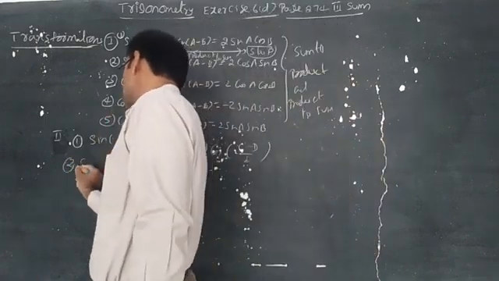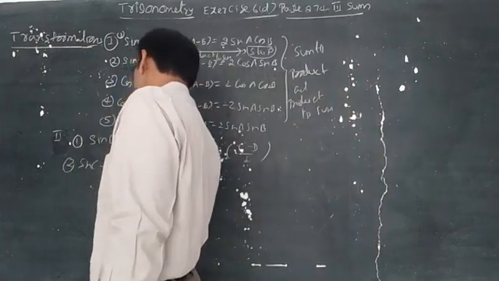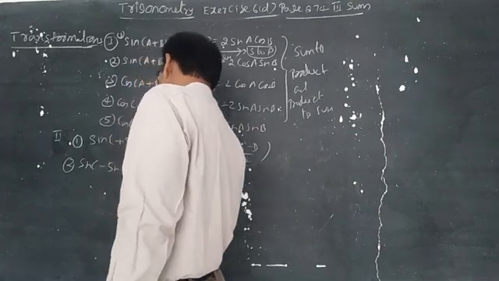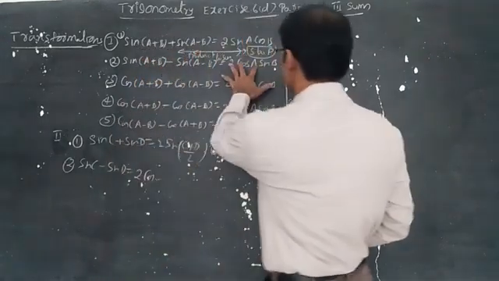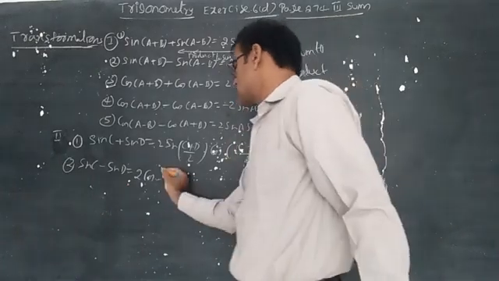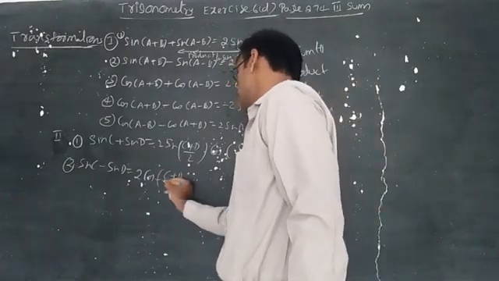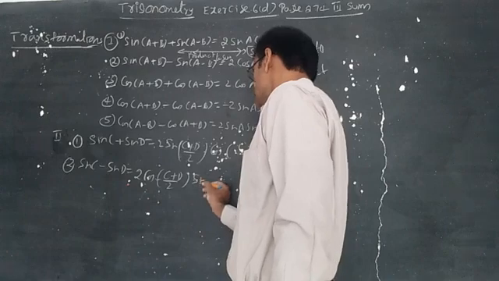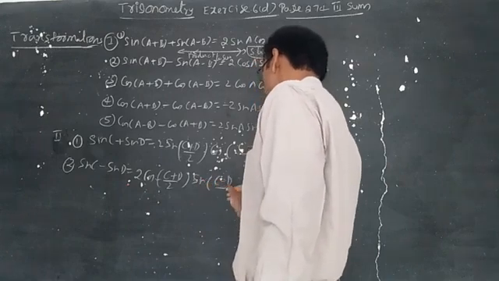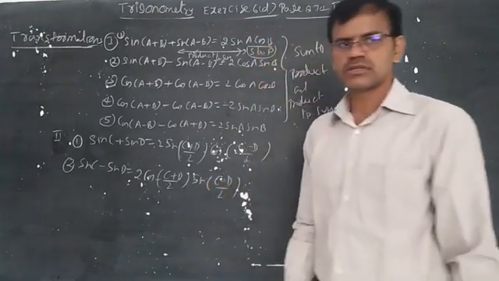Second one, sin c minus sin d. Same formula like this: 2 cos of (c plus d) by 2 into sin of (c minus d) by 2.